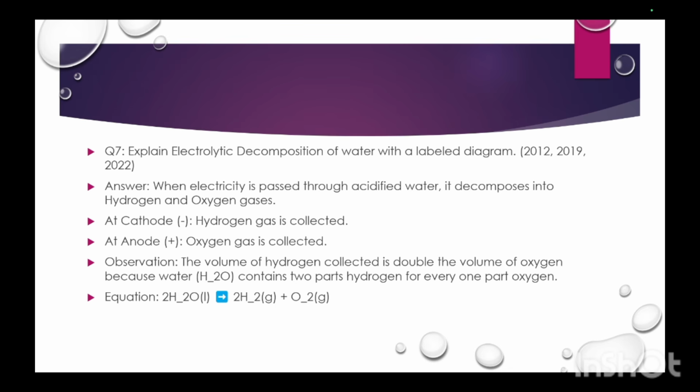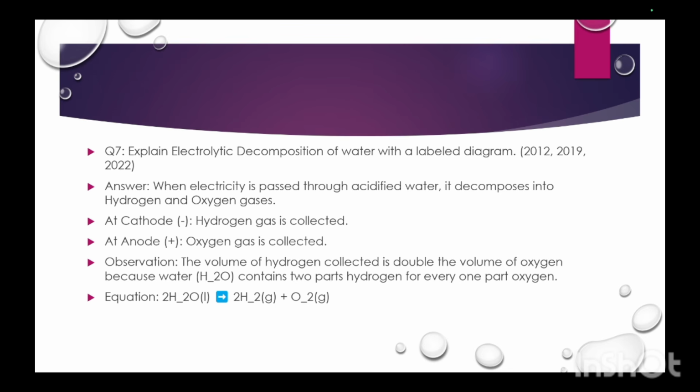I think by this time you must be aware. The cathode is the one connected to the negative terminal of the battery, and the anode is the one connected to the positive terminal. At the cathode, hydrogen gas is collected; at the anode, oxygen gas is collected.